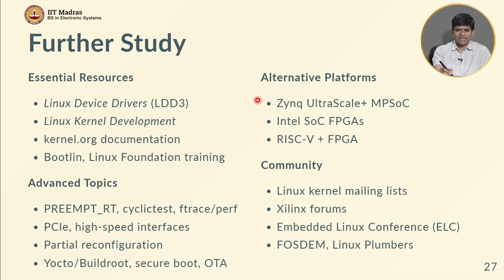So it's not that this is entirely just the Xilinx Zynq platform. That was what we used in order to explain the usage that we went through. And of course, at the end of the day, if you are really getting deeper into this, you need to get a deeper understanding of the community around this, a number of kernel mailing lists, Xilinx forums, and so on, where you can find useful information online.